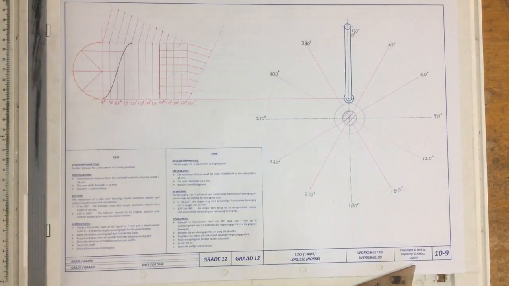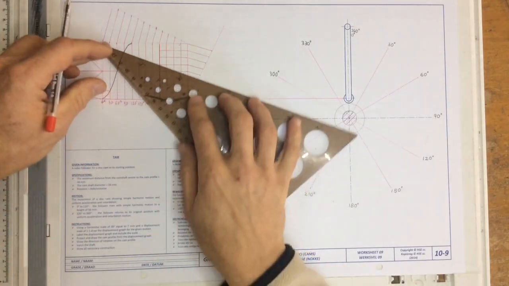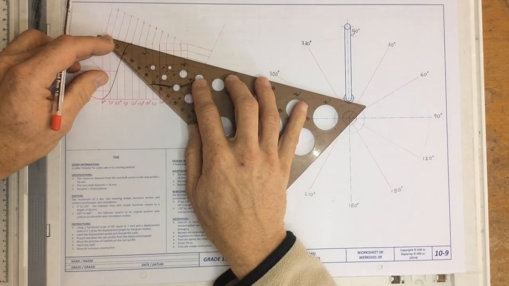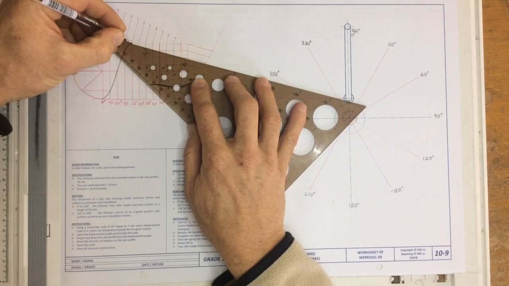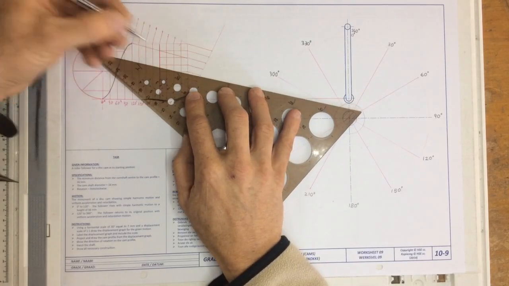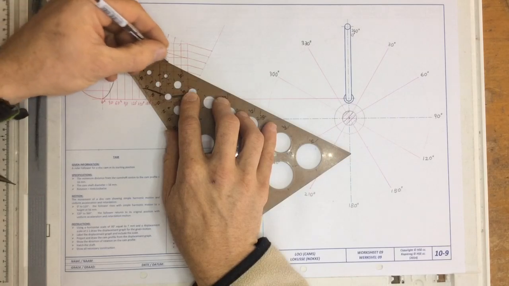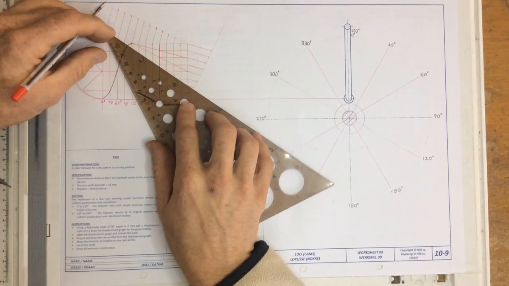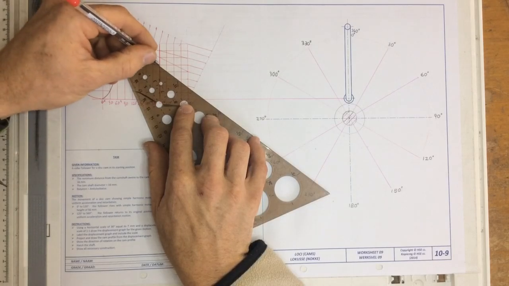Right, once I've got that, I'm now going to take lines coming from this point at the top over here, and I'm going to take them from that 120 mark, going across through that point over there, through that point, and through that point.